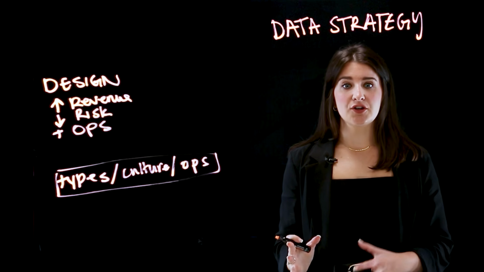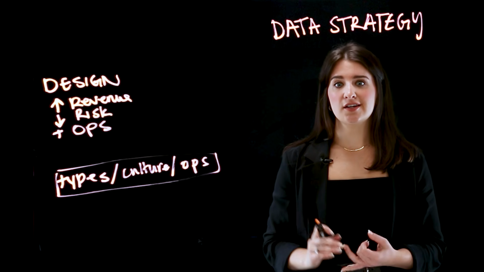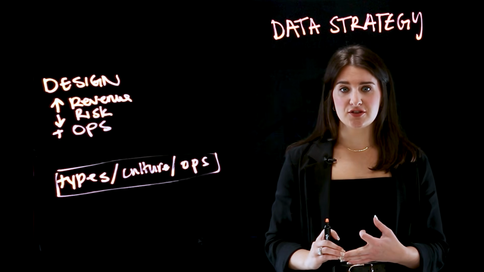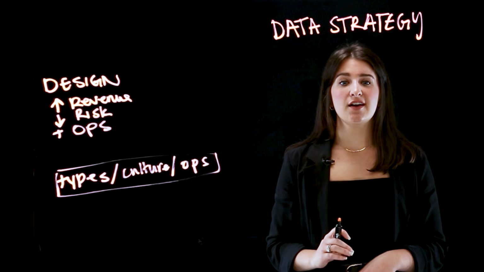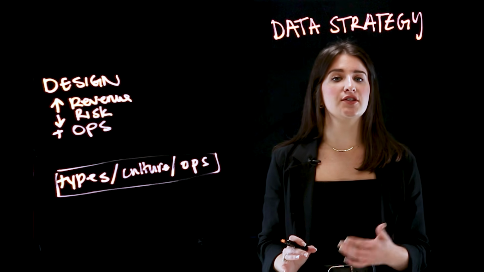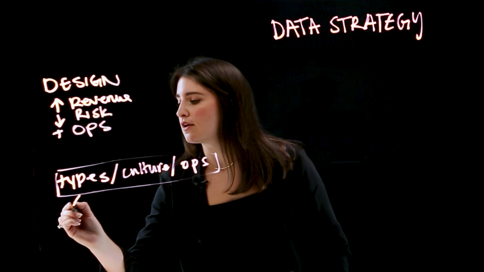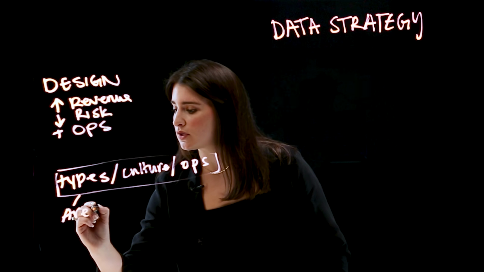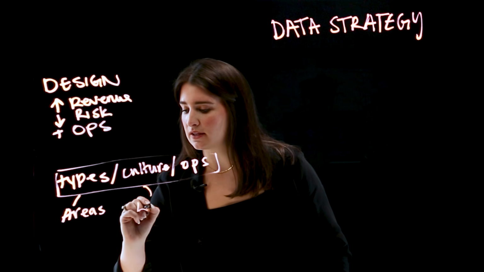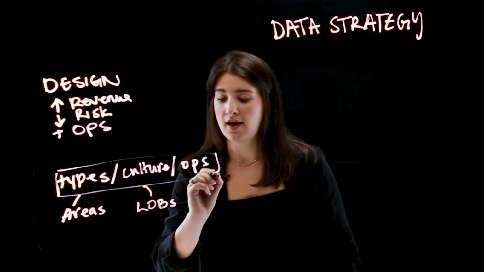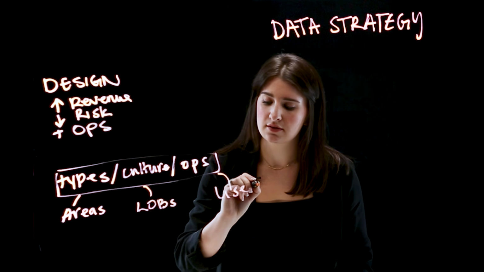It'll give you that understanding of how customer, employee, operational, transactional, and external data is and could be used across functional areas of your organization, different LOBs, and use cases.